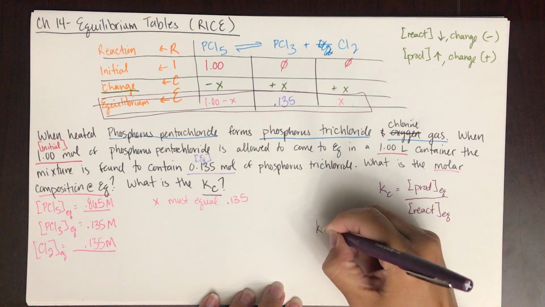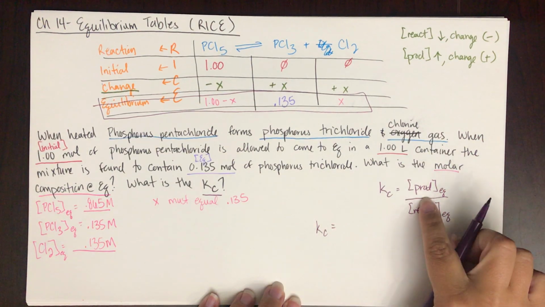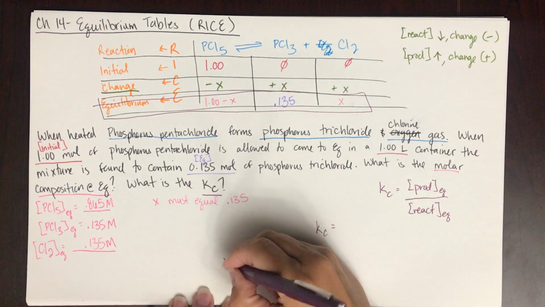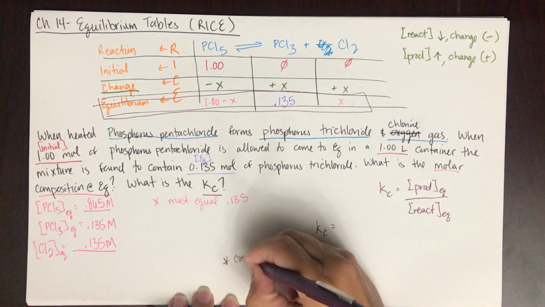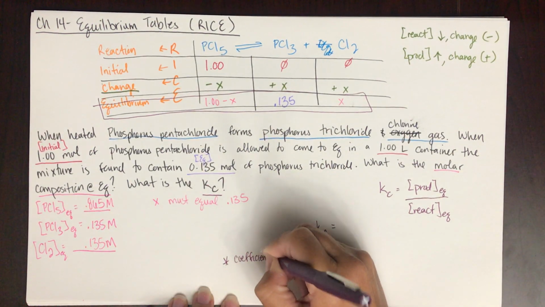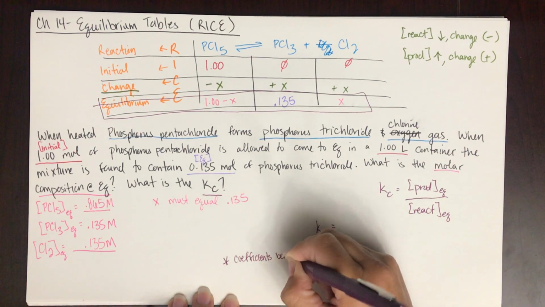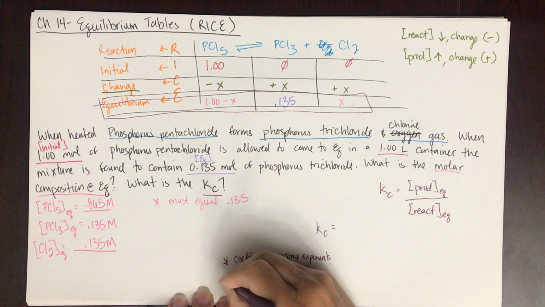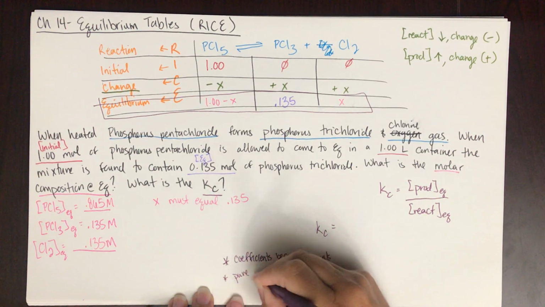So I'm going to say Kc equals the concentrations of the products at equilibrium. Remember, all our same rules apply. Coefficients become exponents. Pure substances are excluded.